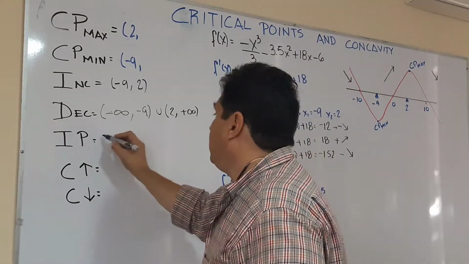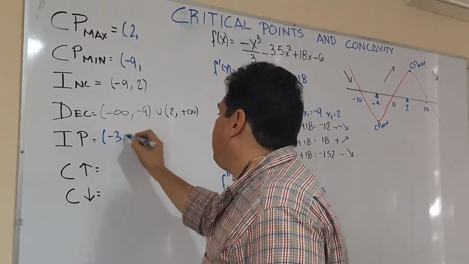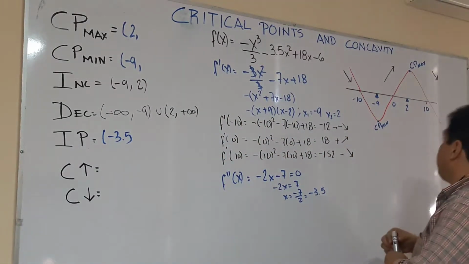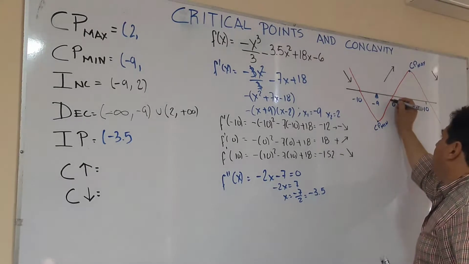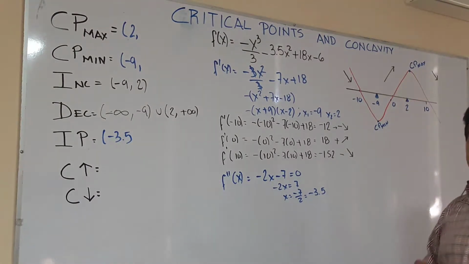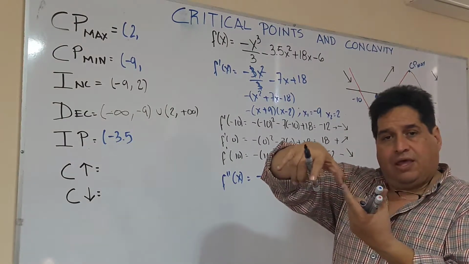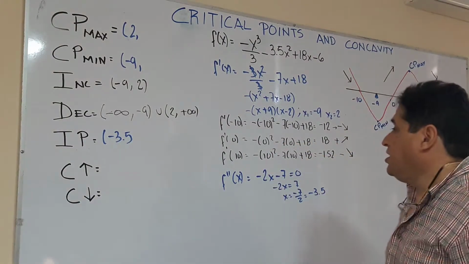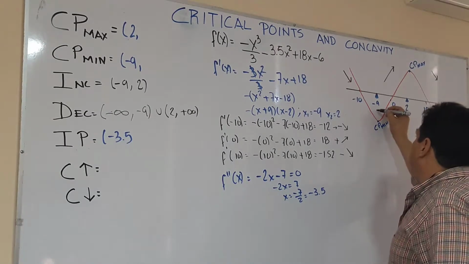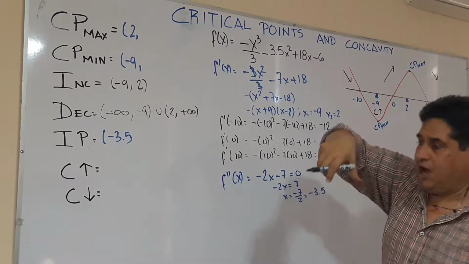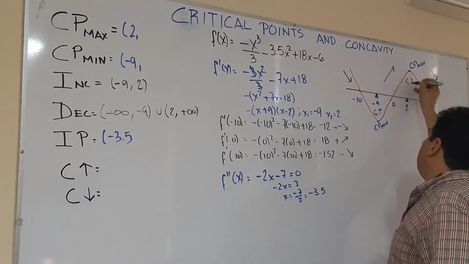On minus 3.5. Now I can get my concavity because my inflection point is going to be someplace around here. Remember, the inflection point is the spot where the concave up and the concave down get together. That's my inflection point. So concave up, it's if the arrows are pointing up. If it's pointing down, it's concave down.